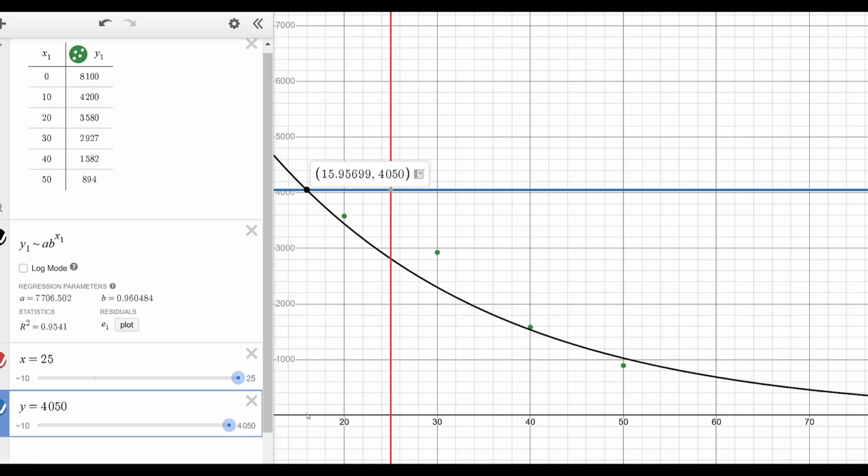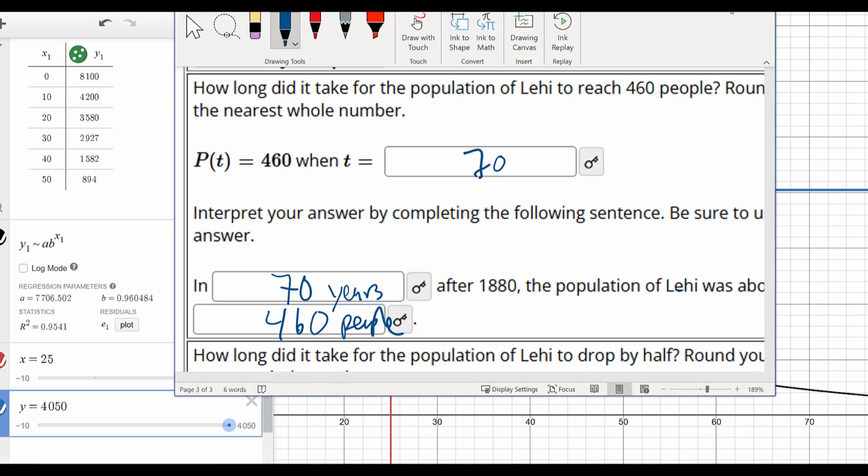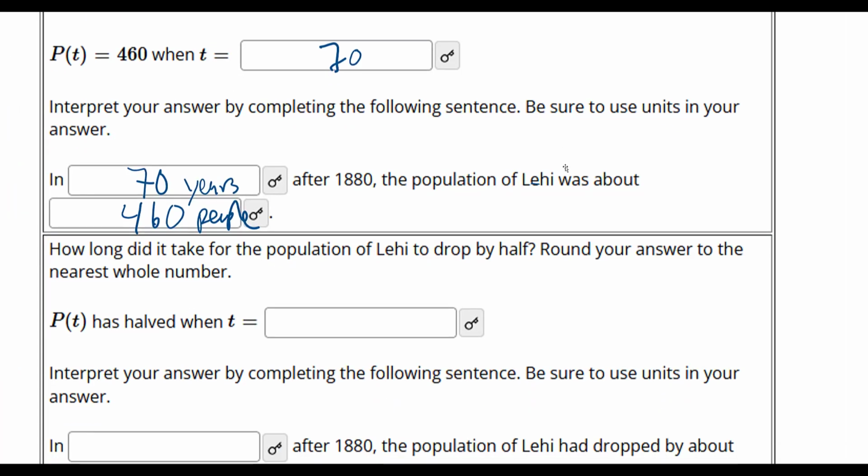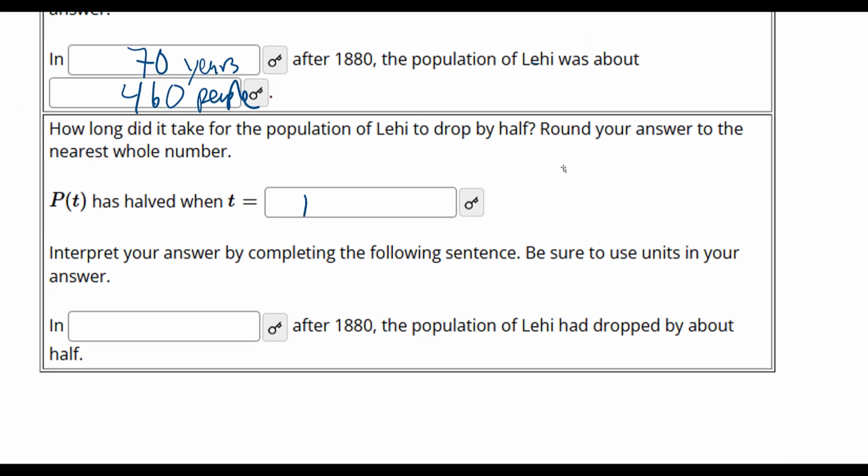So it took 16 years to get down to that population. There we go. Let's see what they said in the answer key. They said 17. Yeah, slightly different graphs. Interpret your answer by completing the following sentence. In 16 years after 1880, the population dropped by half.